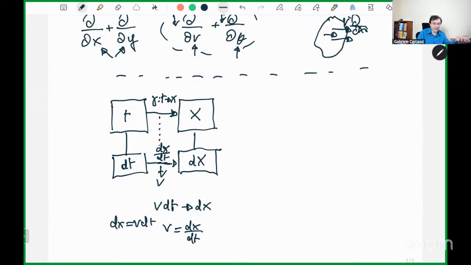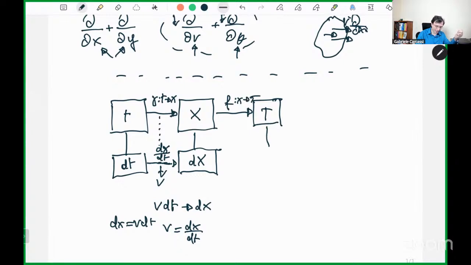Now, if we think of derivation like that, then we can do essentially the same procedure between any generic spaces. So, for example, let's suppose now that we have the space of possible temperatures, and then we have a temperature map that tells us at each point x what the temperature is.